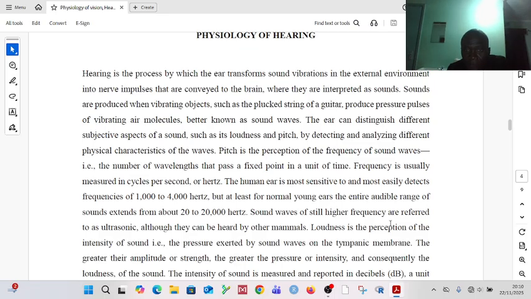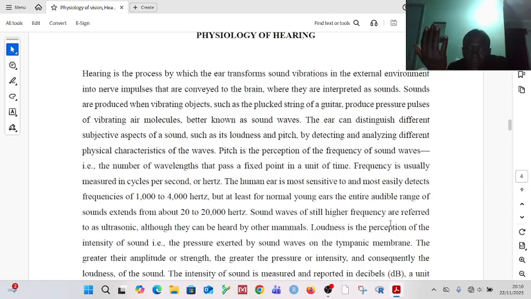Okay? Now, the ear, be it a human ear or any other animal ear, has the ability to distinguish different aspects of a sound. For example, the pitch or the loudness. Is it too loud?